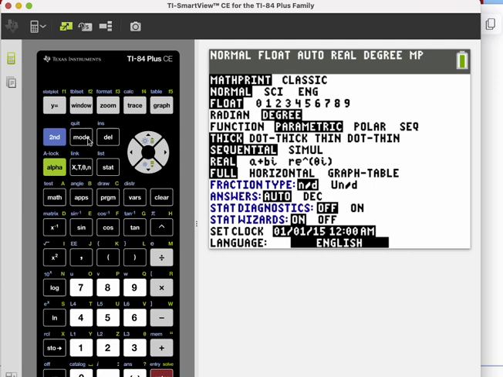The problem with degree mode is the same problem with polar. When you do zoom 6, it sets the step to 7.5, which is not a great step. So we'll hit zoom 6, but we're going to have to adjust it. We need degree mode because we have degrees in our problem.